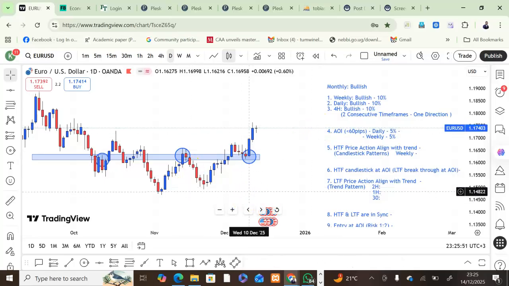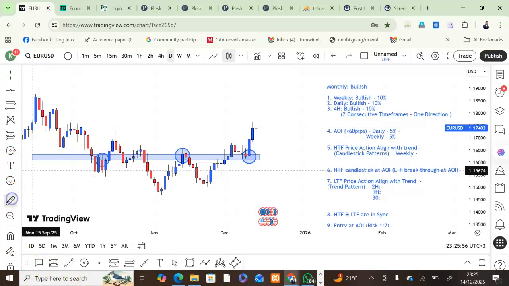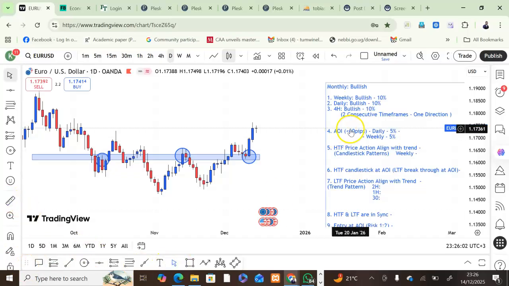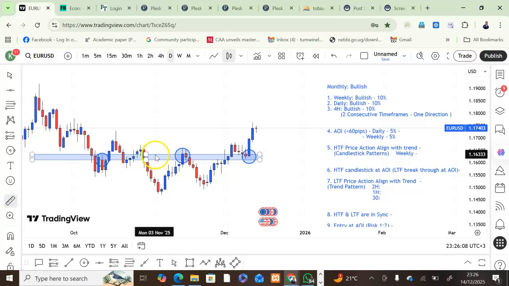But for us to formulate a clean support level, we have to go and measure, because the area of support has to be less than 60 pips. So this area of support must be less than 60 pips. Let's measure and see. We measure from here and then we go down. So this is negative 24 pips, which is a little bit good for us.